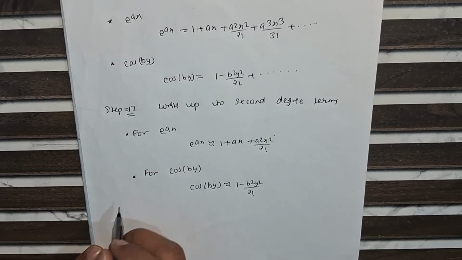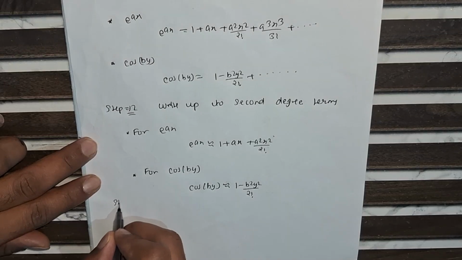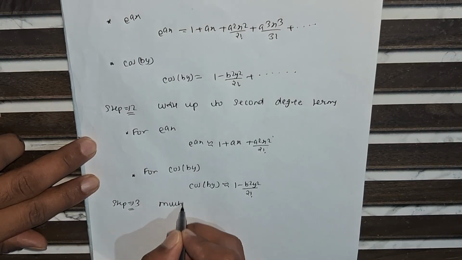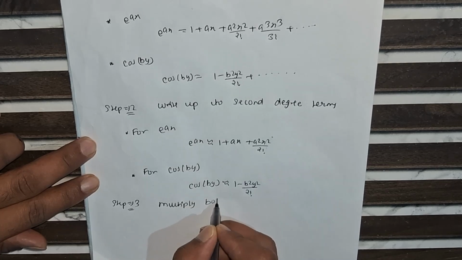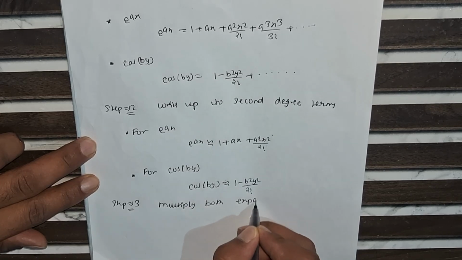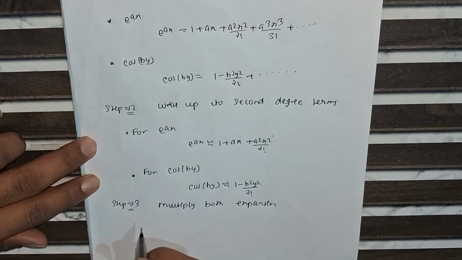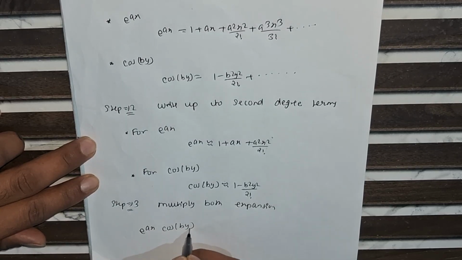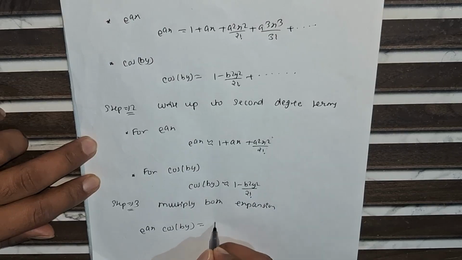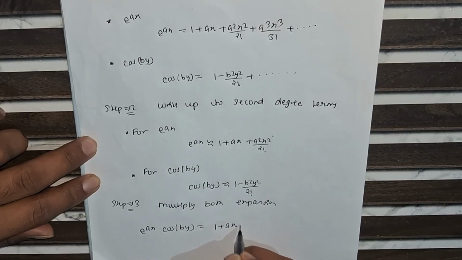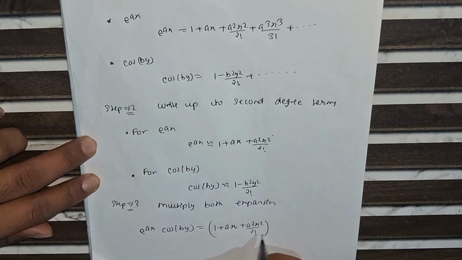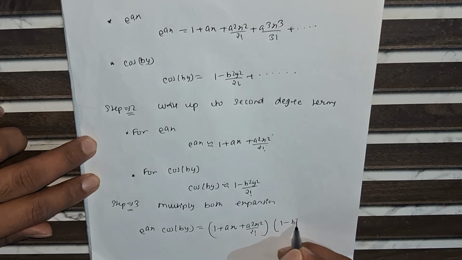In step 3, multiply both expansions, which are e to the power ax and cos by, that is 1 plus ax plus a square x square by 2 factorial, and 1 minus b square y square by 2 factorial.